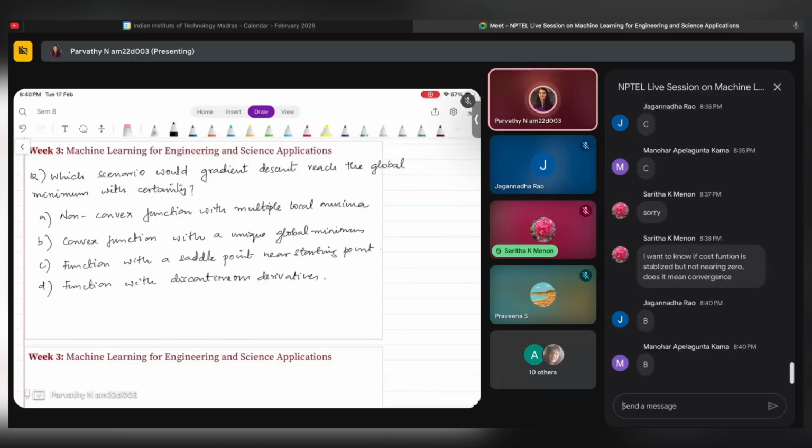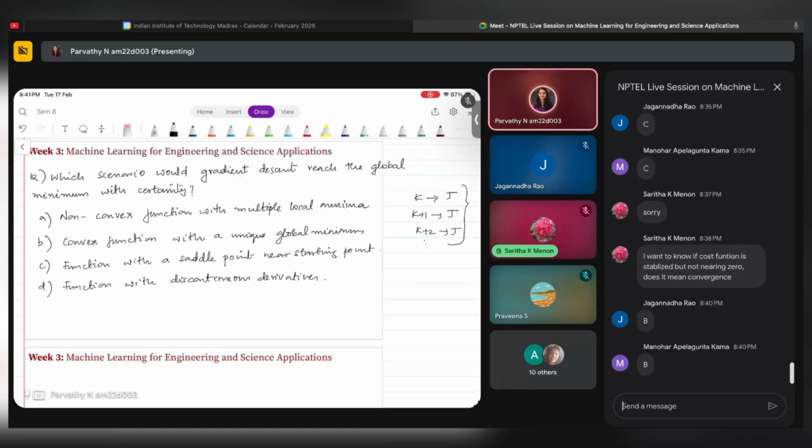So at kth iteration, the cost function will be J. For k plus 1 iteration, the cost function will be J. For k plus 2 iteration, the cost function will be J. So if it is not changing, it is not getting minimized anymore. In that case, we will say that the convergence has reached.